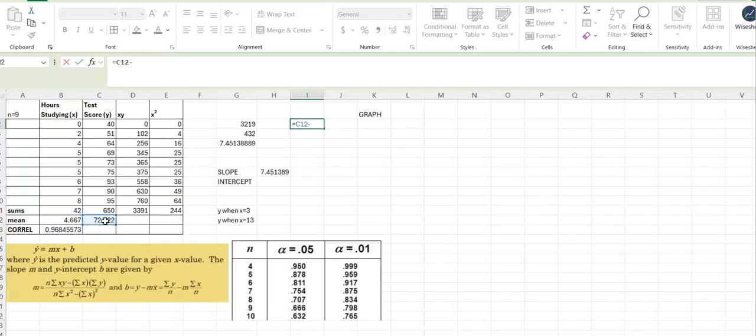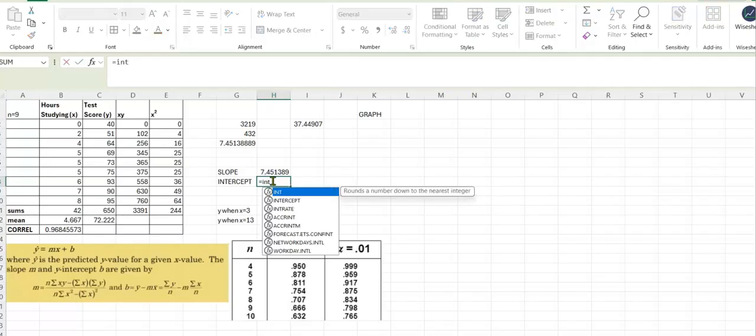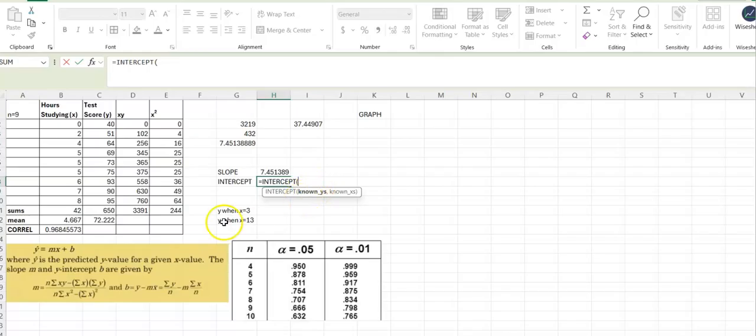And we're going to subtract from that the slope times, and I have the slope value right here, the slope times the mean of the x's, which is right over here, 4.667, and hit enter. And so my y-intercept is 37.45.